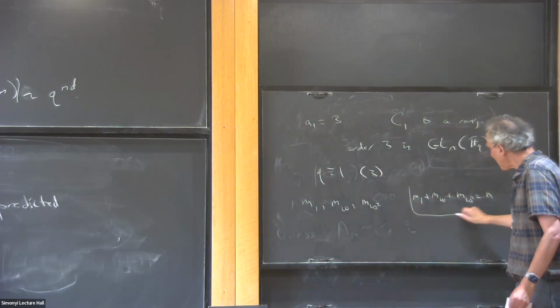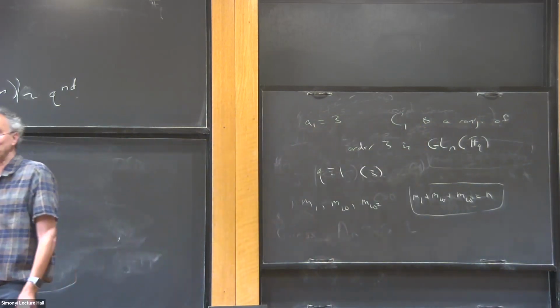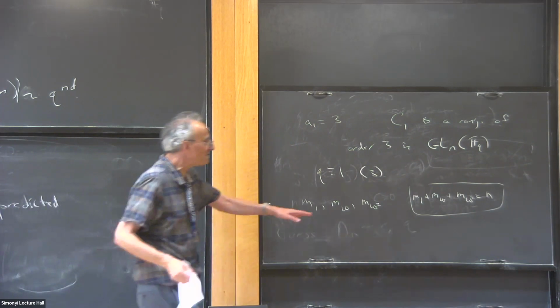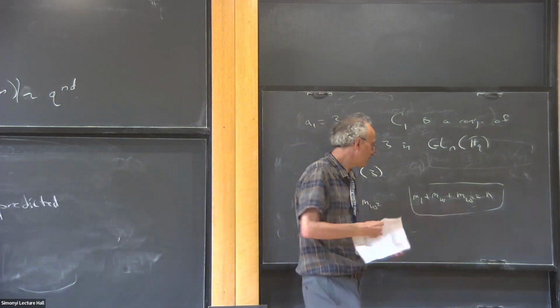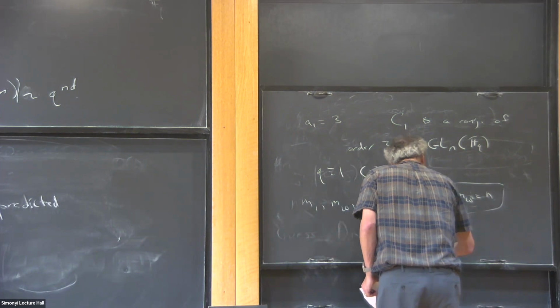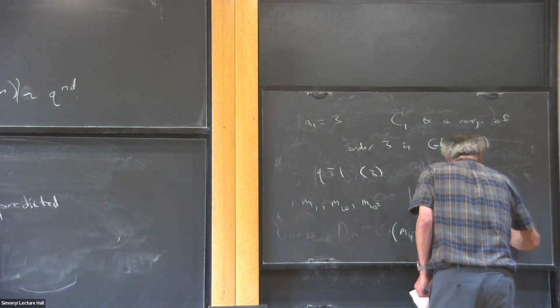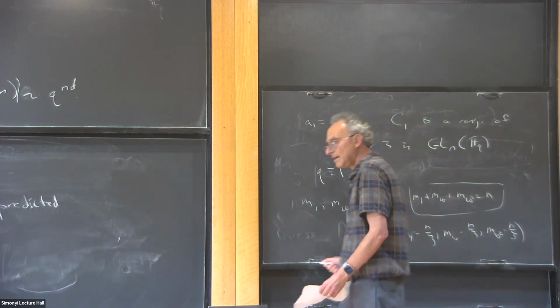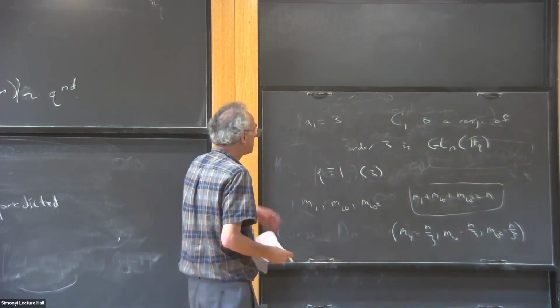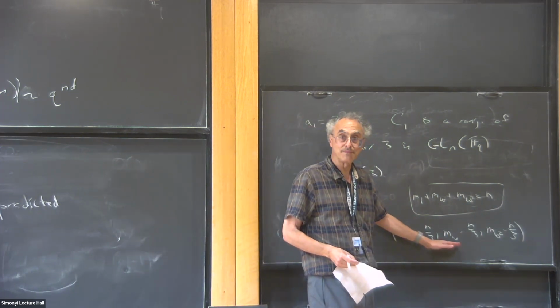Now, we can think of these triples as forming a two-dimensional lattice. Well, we should translate this by this triple: take m1 minus n over 3, m omega minus n over 3, and m omega squared minus n over 3. And so as we sum over C1, we're going to end up summing over lattice points.